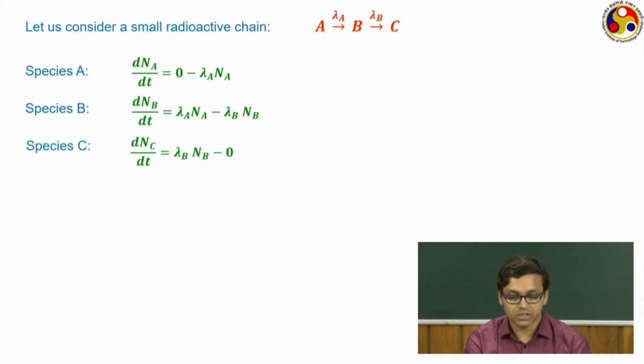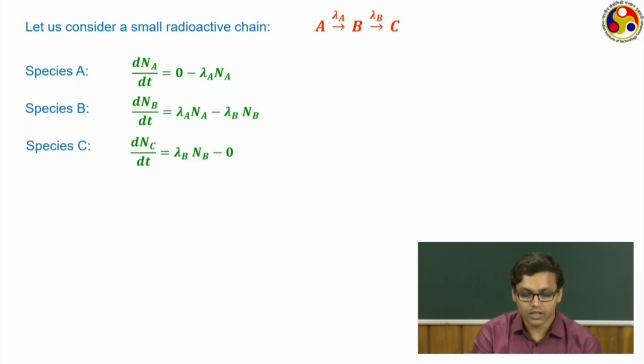And finally, the species C, where there is only generation, but no further decay, as in this elementary chain we are considering C to be a stable isotope, and accordingly we get this particular rate equation.